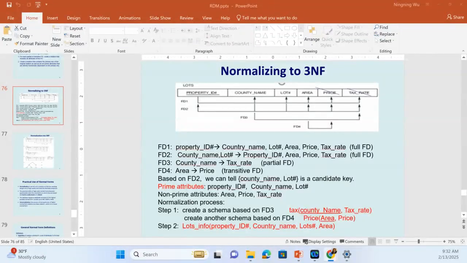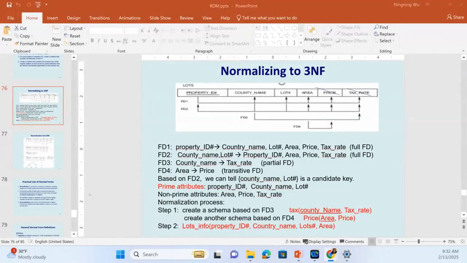Okay, since we have a partial, that means this relation schema can be only in first normal form, if we assume that every single attribute in this schema is atomic. Since it's not in third normal form, we have to normalize this schema so that we can derive a set of smaller relation schemas all in 3NF.